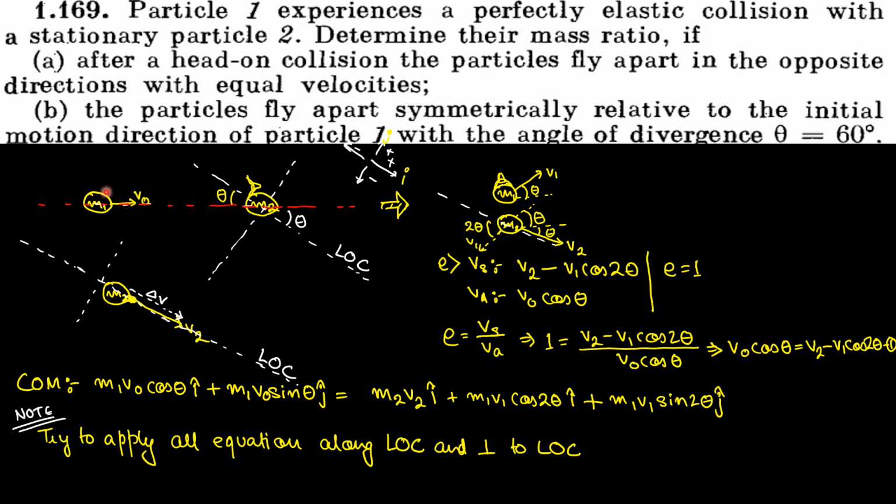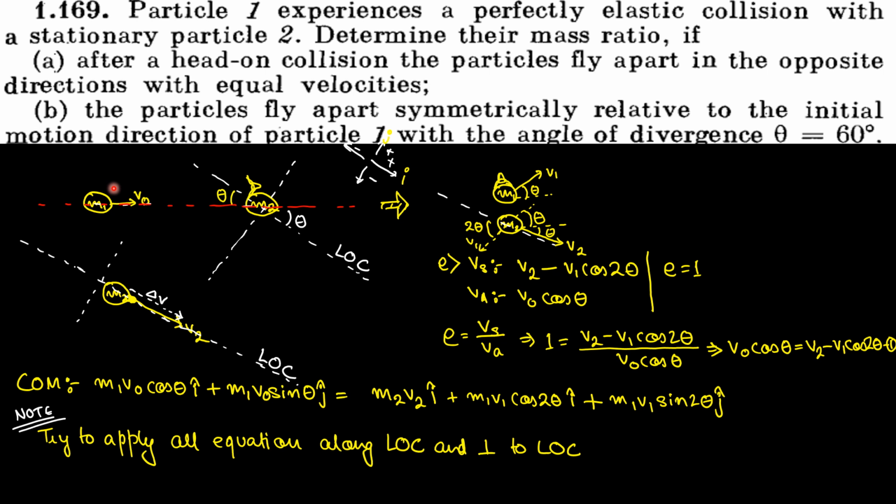The first thing to observe out here: the y component, or the component of velocity perpendicular to the line of collision, of both the particles does not change before and after collision. Only the component of velocity along the line of collision changes.